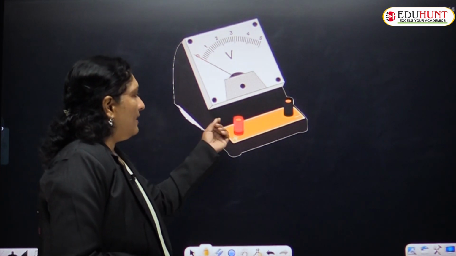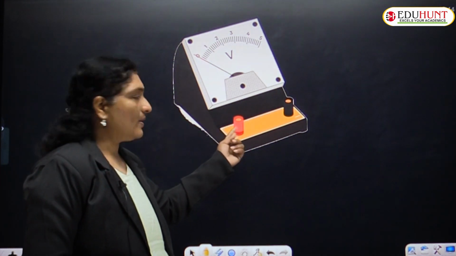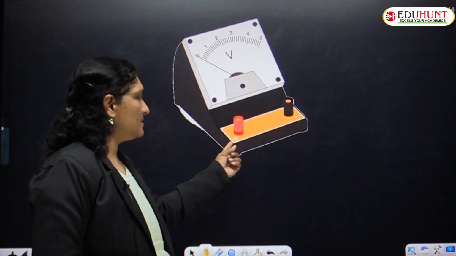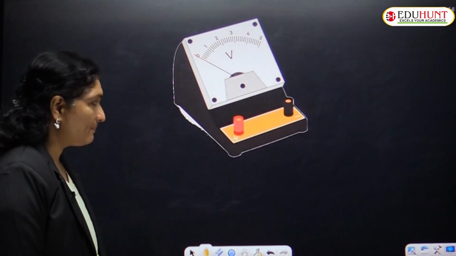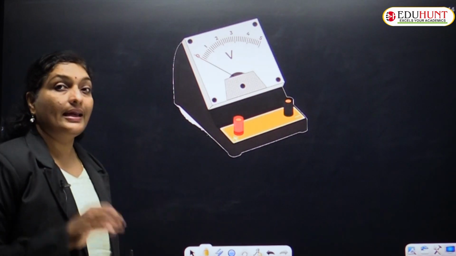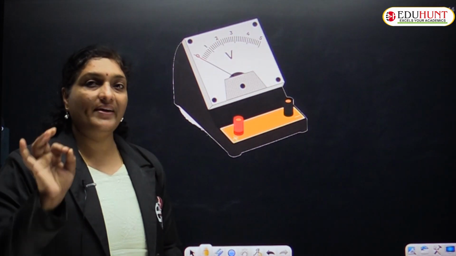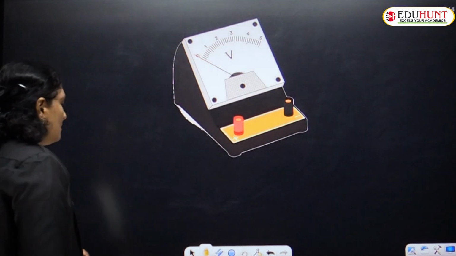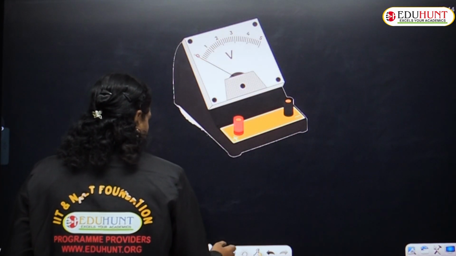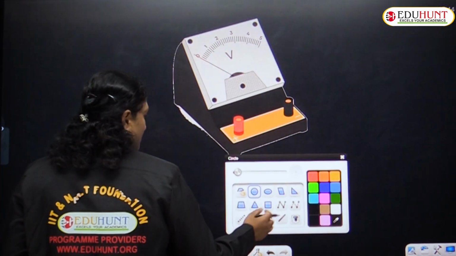Here also it has two terminals. One is the positive terminal, generally marked red. Black indicates your negative terminal. This voltmeter in circuits is always connected in parallel. Let us also look into the electric circuit diagram for this voltmeter.